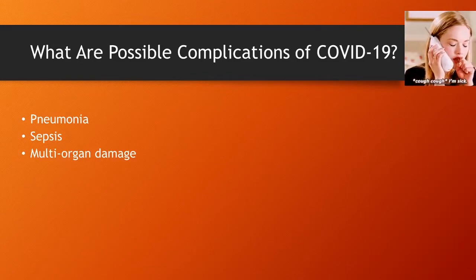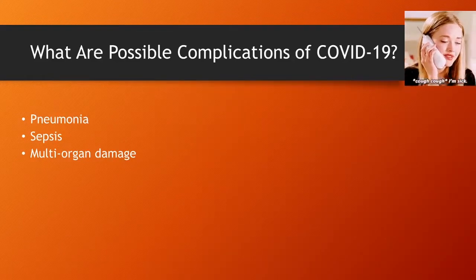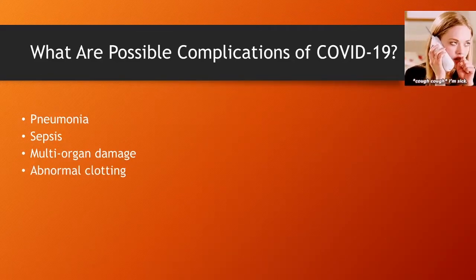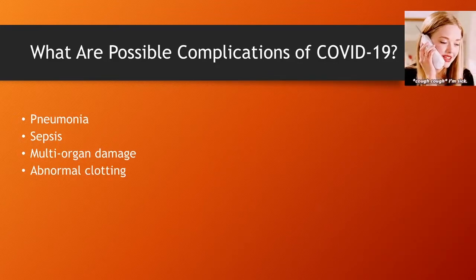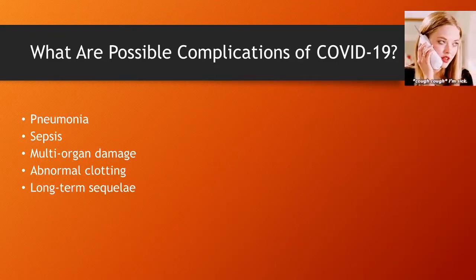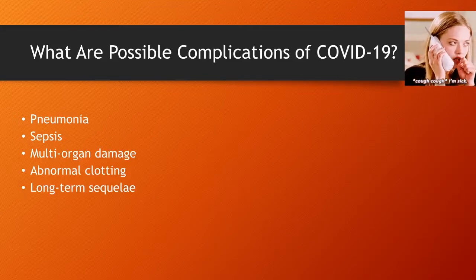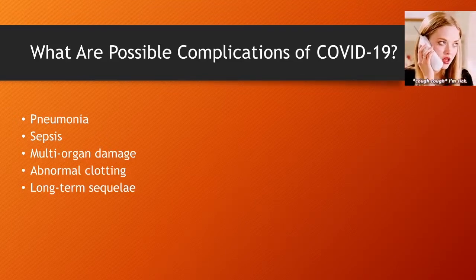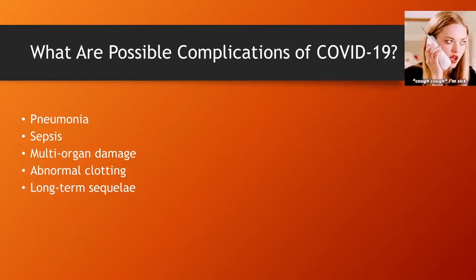Multi-organ damage, same thing. Your body starts to get attacked by its own immune system. Abnormal clotting, long-term sequelae. Sequelae is basically damage that is permanent even after you've had an infectious disease and the infection has been cleared.